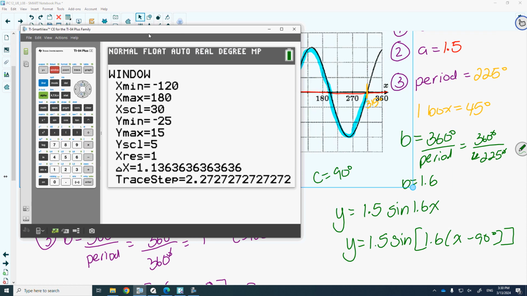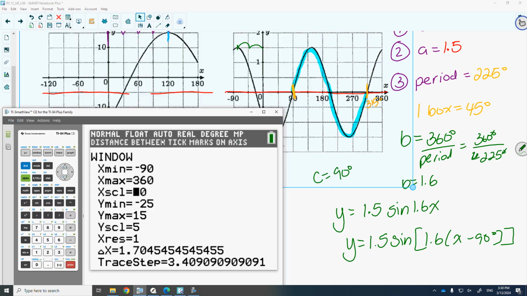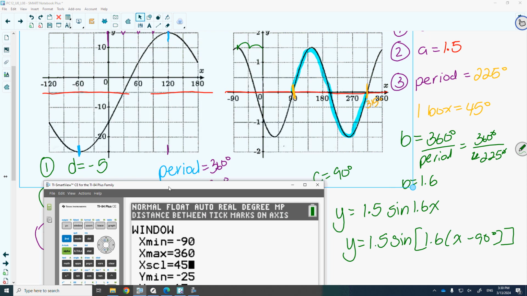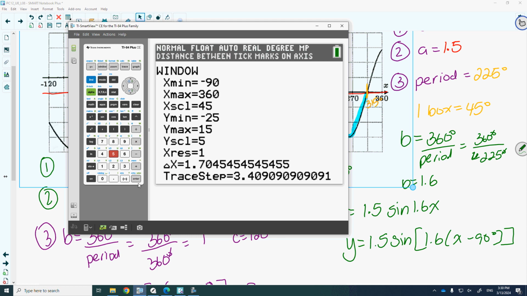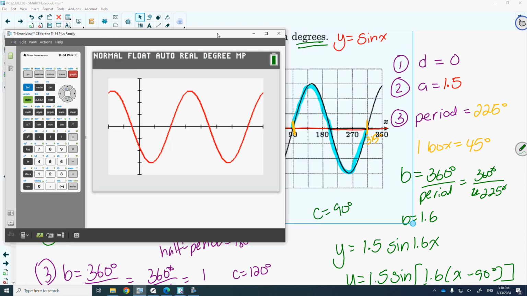My window is going from minus 90 to 360, with 45 degrees as my scale. Then I'm going from minus 2 to 2, with a scale of 0.5. Make sure I'm in degree mode. Graph this.